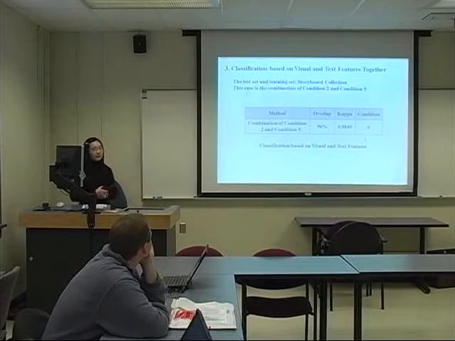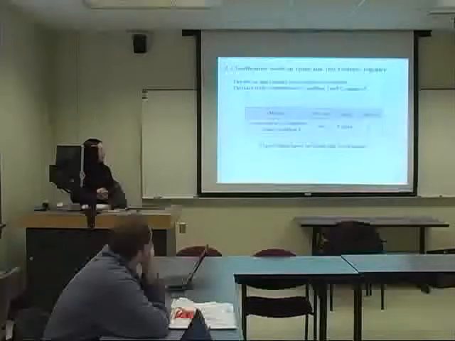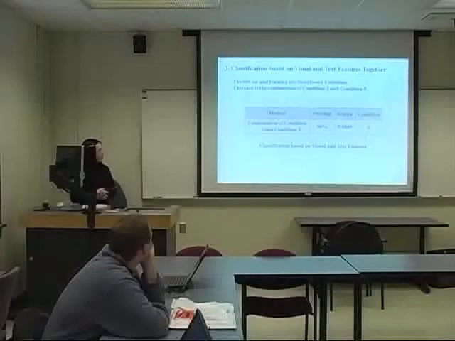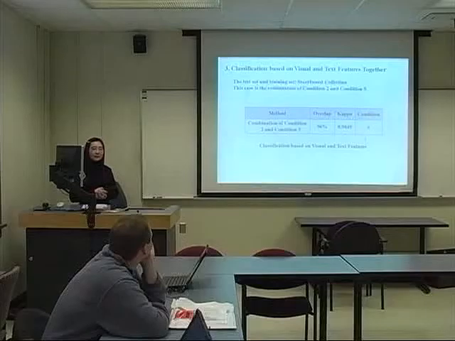So it's easy for us to think of combining the two conditions together. This table is the results. From the table, we can see that the combination of visual and text features can get the best result. Both the overlap and context are very high, and the highest among all these cases in the automatic classification.